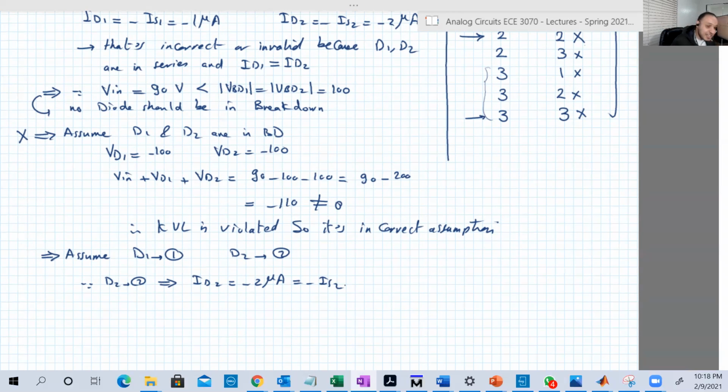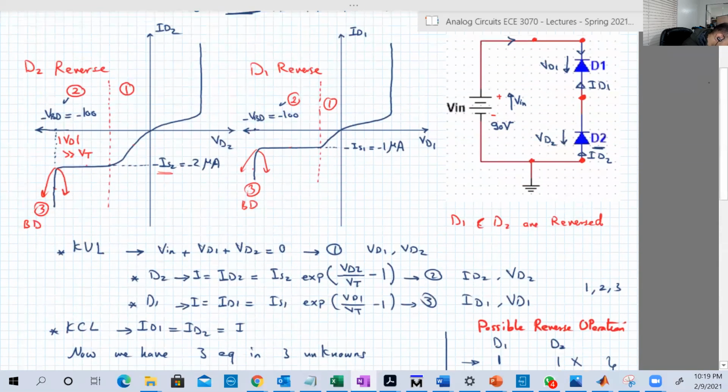We said that D1 is in region 1, right? That means that ID1 as a magnitude is less than IS1. Let's look back here and see. If D1 is in region 1, then this is its ID. It should be from 0 to minus, its maximum would be magnitude IS1.